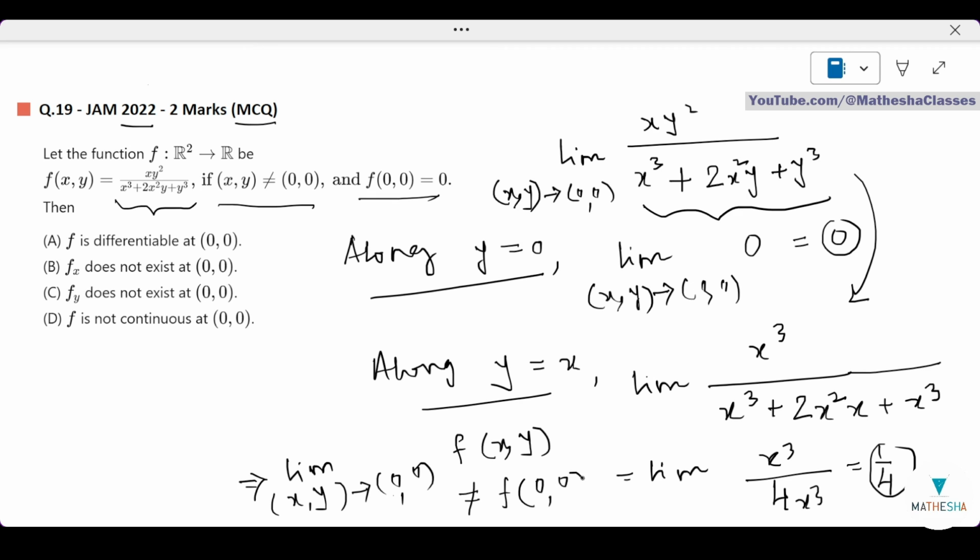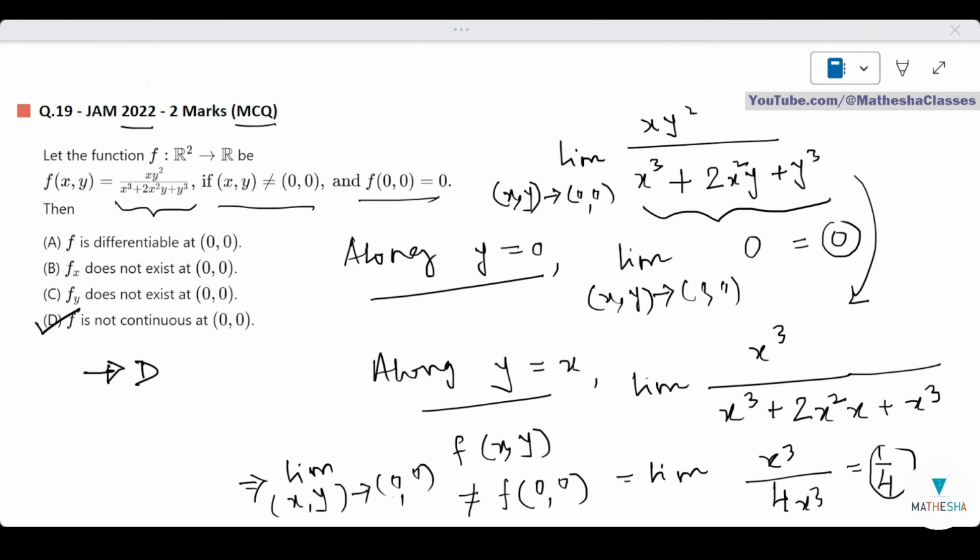Unless it is becoming equal to f(0,0), it will fail to be continuous. So f is not continuous at (0,0) is the correct option. Now this is an MCQ, so you do not need to check other options. So this is the only correct option for this question.